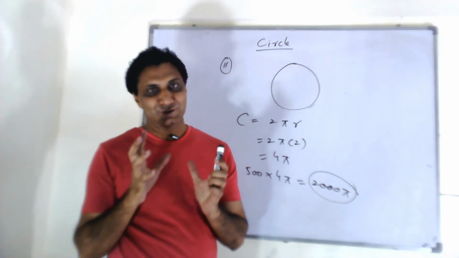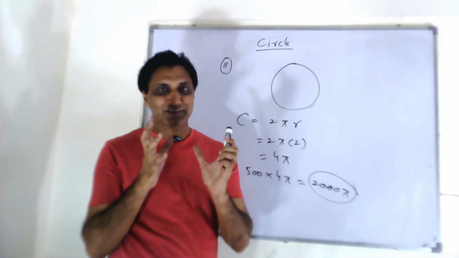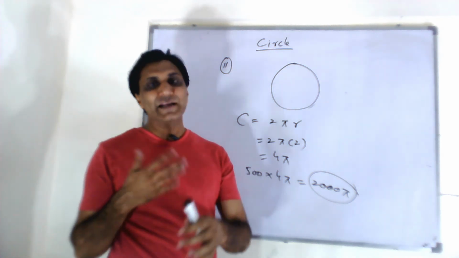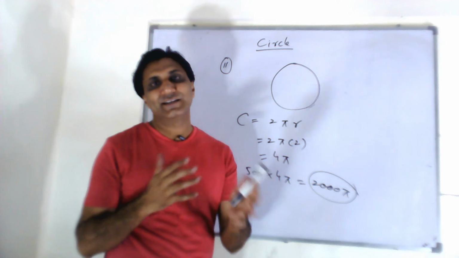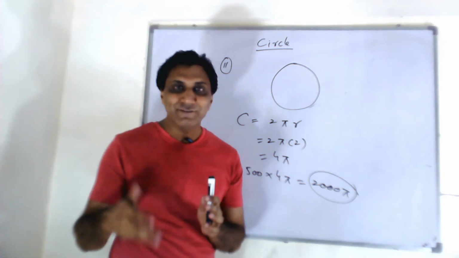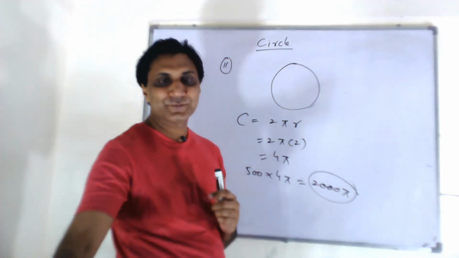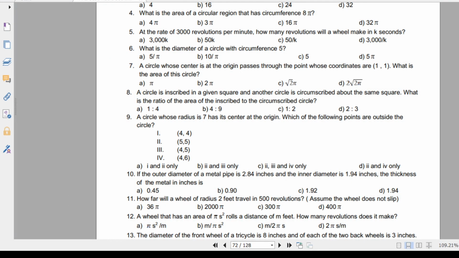First you find the distance of one revolution, that is circumference 2 pi r, and then you multiply it by 500. Because it does not slip, the distance remains this. So the answer to question 11 is 2000 pi, that is B.